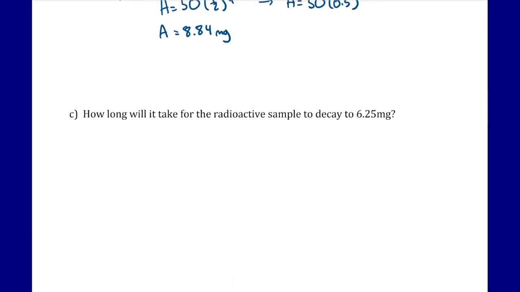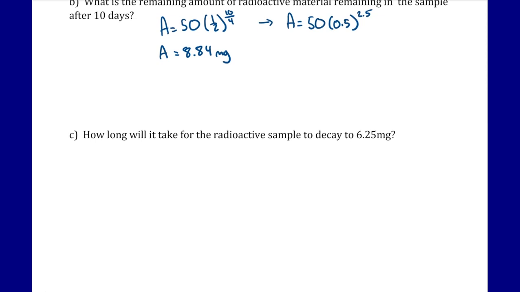Part C asks, how long will it take for the radioactive sample to decay to 6.25 milligrams? So here, this is telling us what our A value is, what our remaining amount is. So I'm going to take my equation, 50 times a half raised to the power of t over 4.